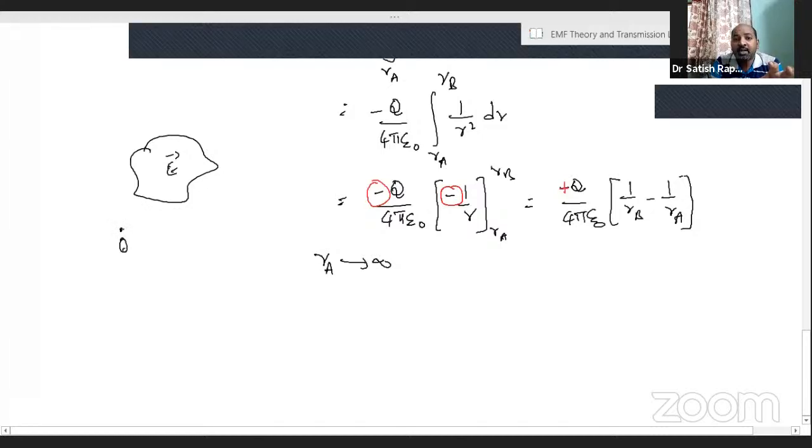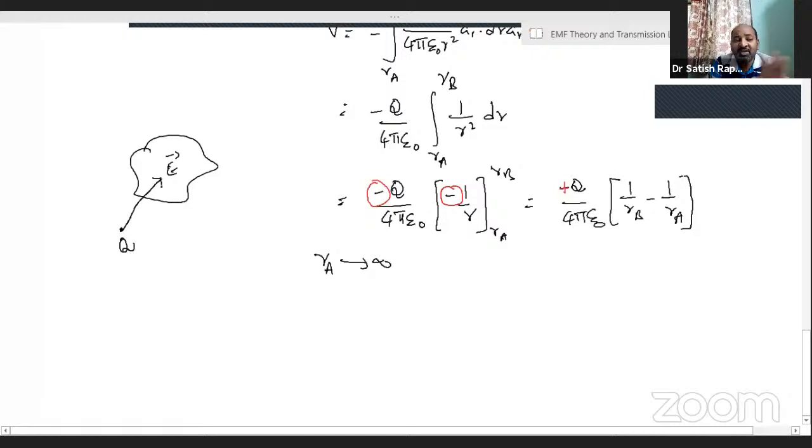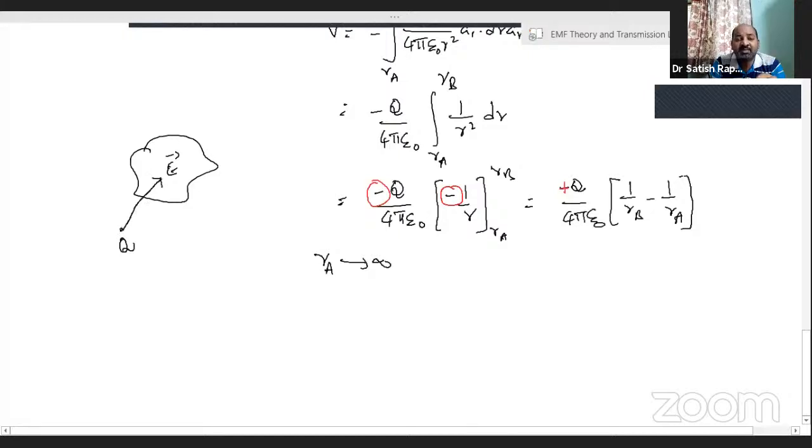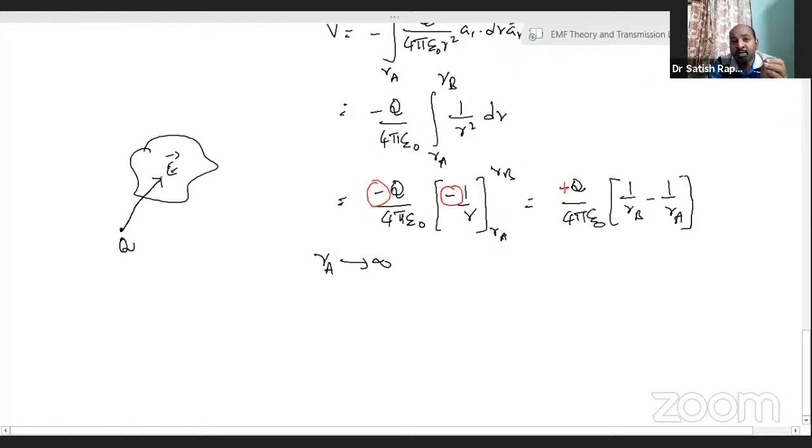From that point we are moving a point charge into the presence of the electric field, initially where there is no electric field, to the point where the electric field exists.